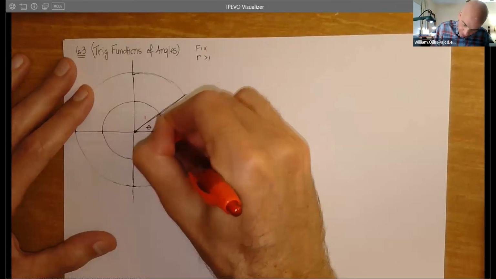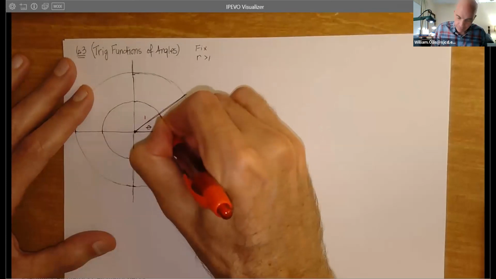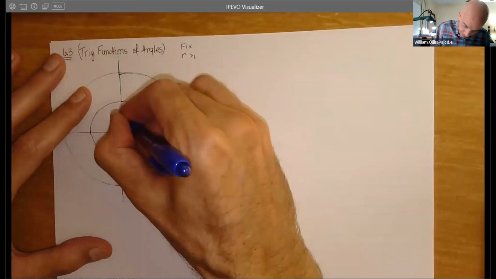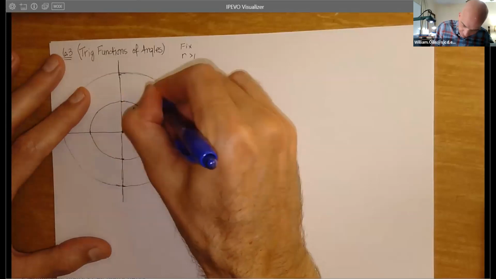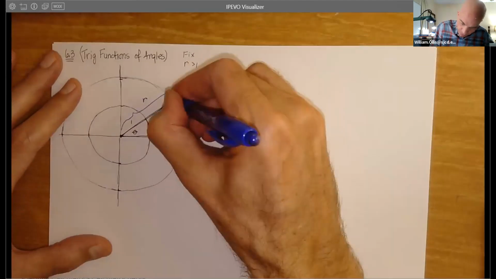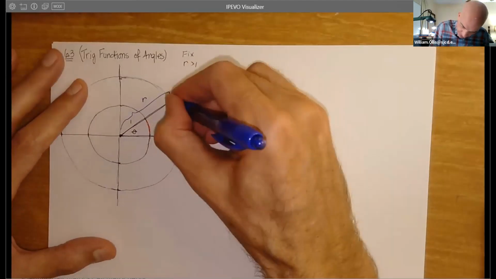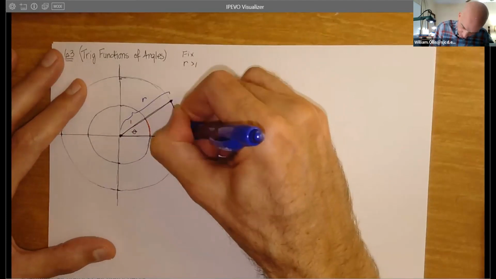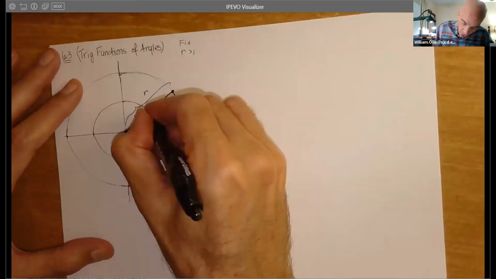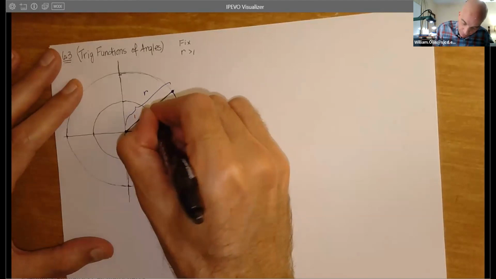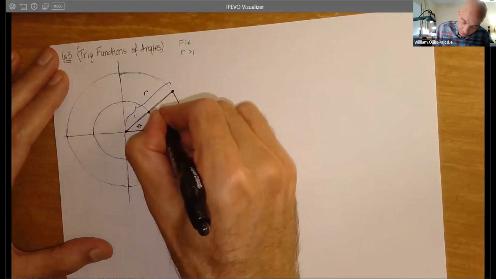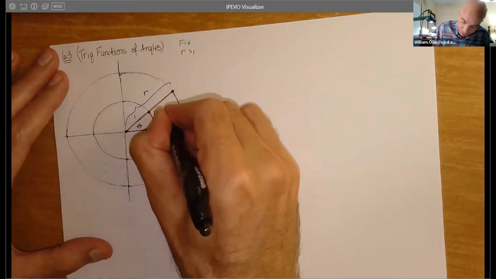And then, of course, we'll have this distance here. And then for the bigger one, this is just going to be the radius r to this point. And it'll have a distance along the circle here. Now in each case, for the first one, we're going to call this point (x, y), that we normally do on the unit circle.